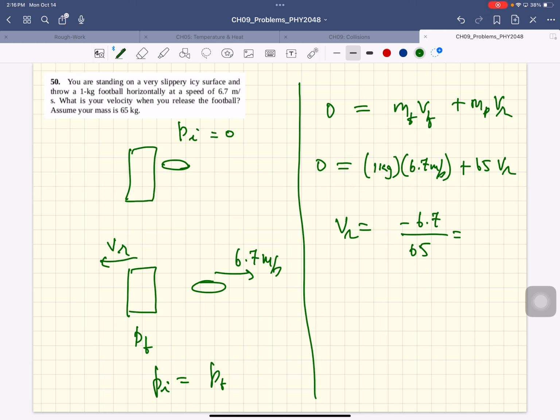So about a tenth of a meter per second. The negative sign just tells you that you're going in the opposite direction, and that's your speed.